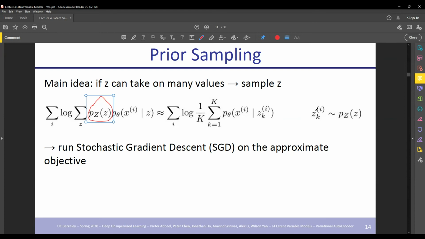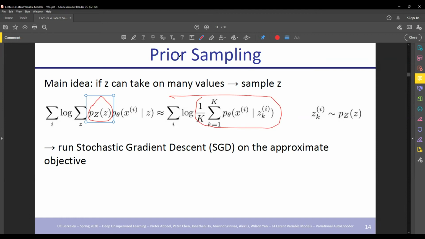For each of the zki's that we sample from the probability distribution PZ of Z, we then evaluate xi for each of the zki's, and that is what we estimate to be the objective. So we run stochastic gradient descent on this estimated probability instead of the exact value.